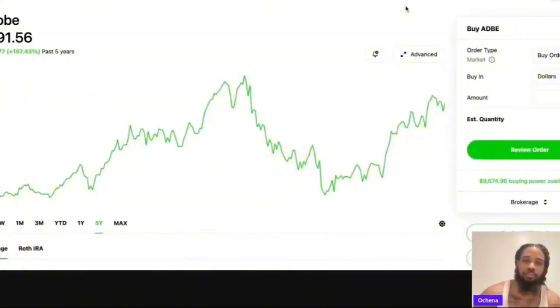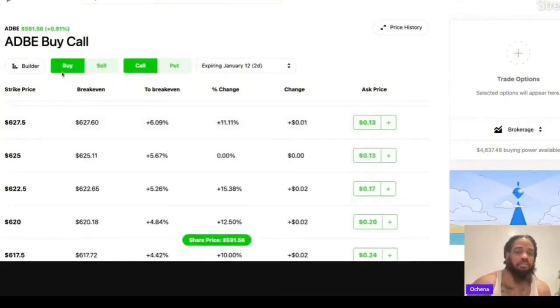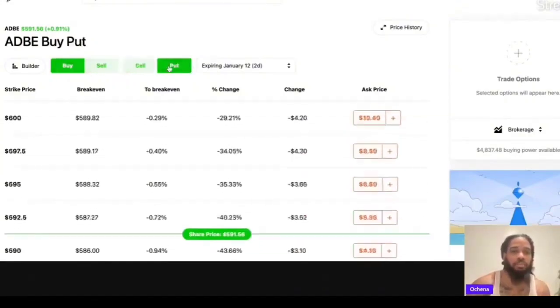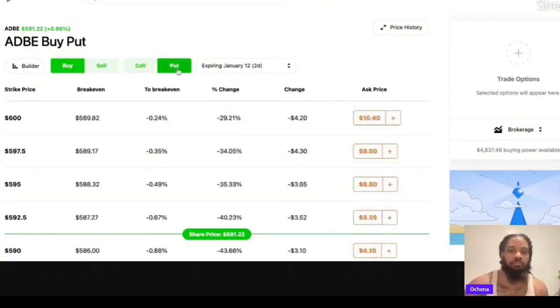Let's look at this option right here, the Adobe. We're going to go to the option section, click on trade options, and as you can see, we could buy either calls or puts. Remember, guys, a call means that you're betting that Adobe stock is going to go up, and a put means that you're betting that it's going to go down.